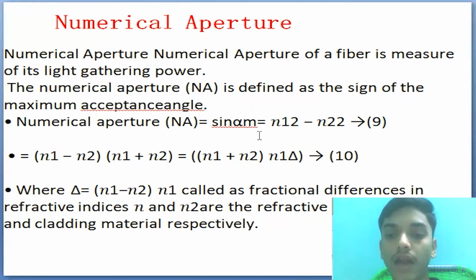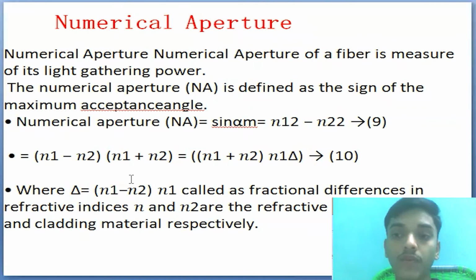So sine of alpha is equal to the square root of n1 square minus n2 square. This is the first expression that we have got. Now we know that it is square actually, n1 square minus n2 square. We are familiar with the a square minus b square formula, which is a plus b into a minus b. So n1 minus n2 into n1 plus n2.